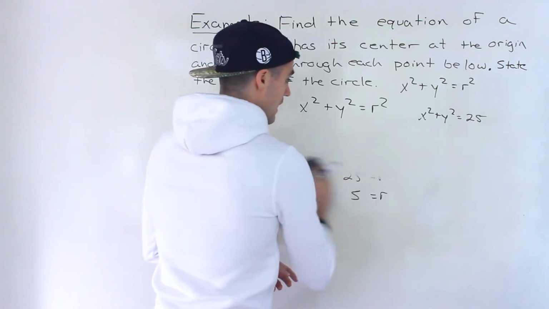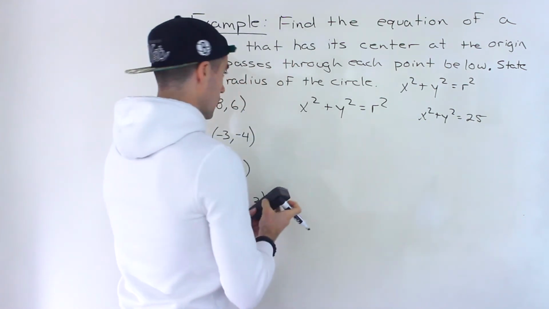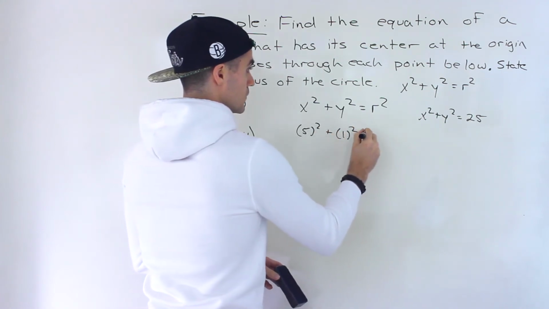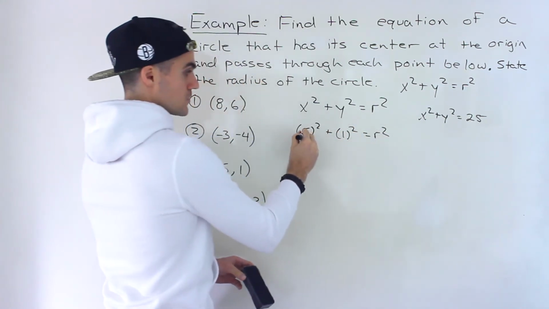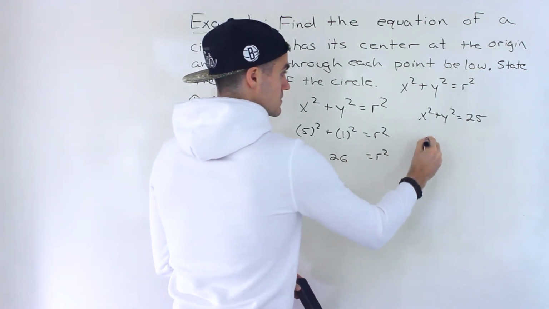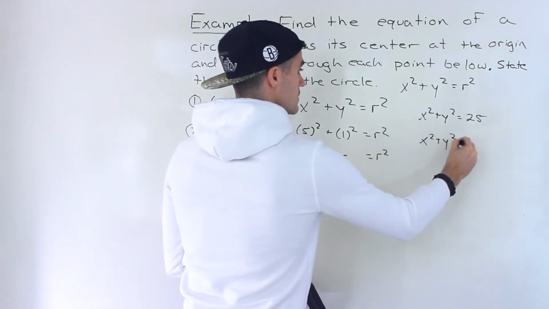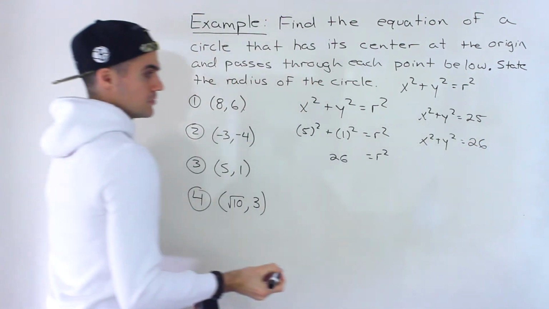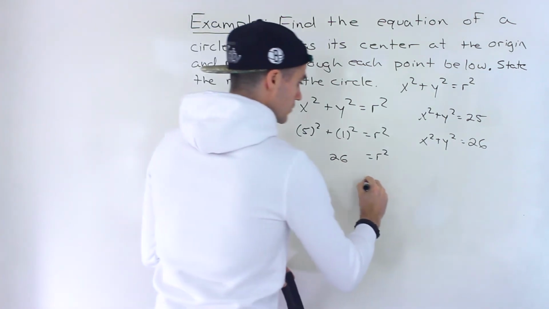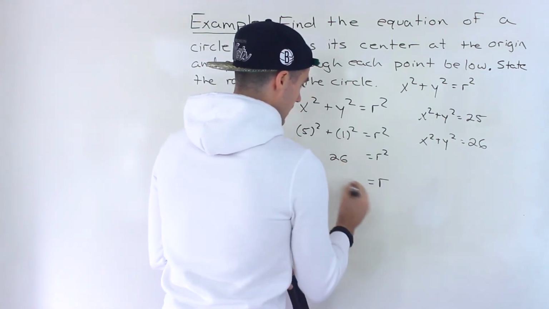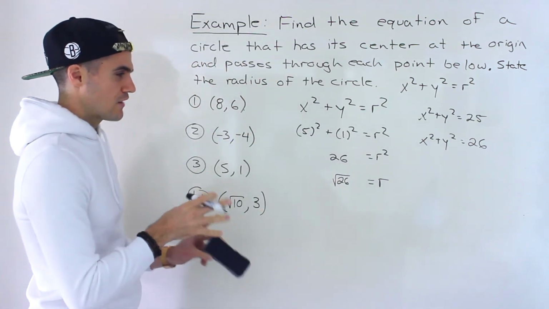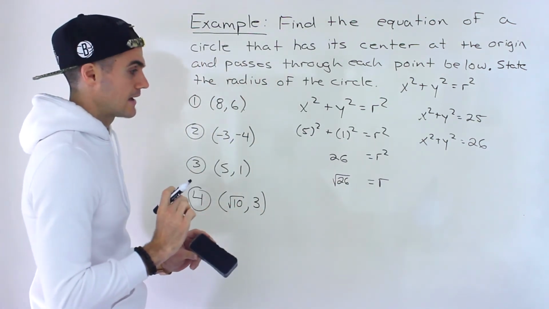Next one, we got 5 and 1, so we'd have 5 squared plus 1 squared, which is equal to r squared. So this would be 25 plus 1, which gives us 26. So the equation for this would be that right there. If you want to get the radius, square root this, and we would end up with root 26, which would be 5 point something if you wanted the decimals.